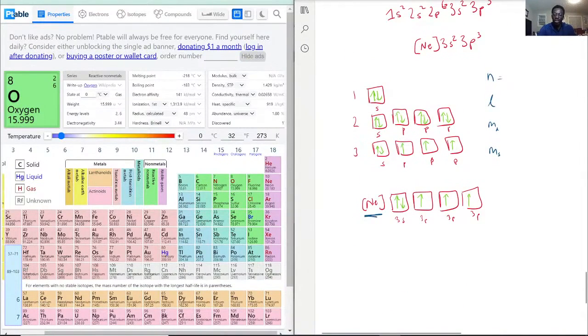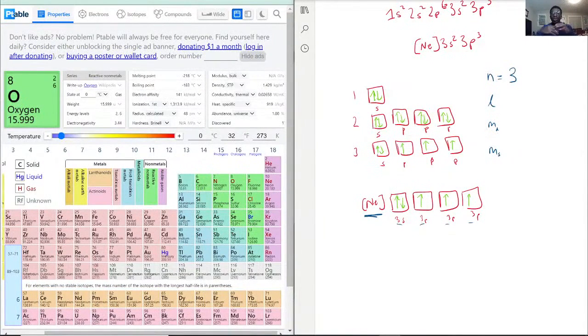As you notice here, n is 3. The n always has to equal 3, specifically for phosphorus when it's in its valence shell, because we've gone past all the other orbitals.